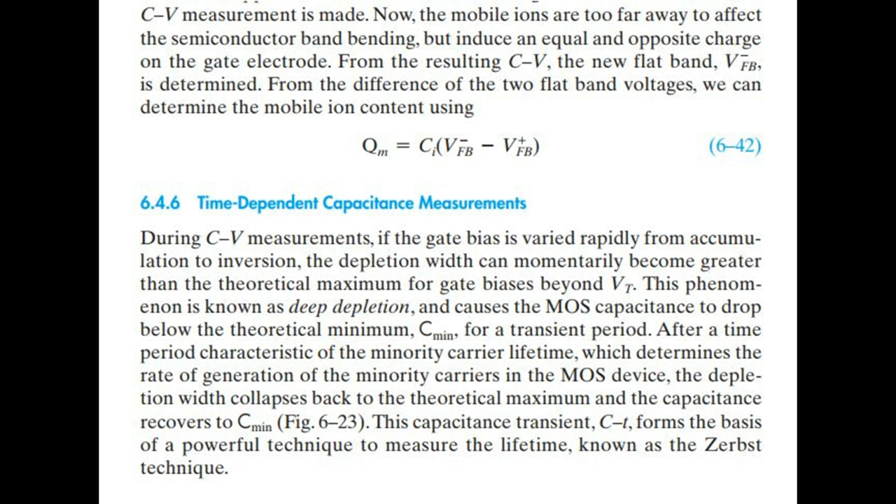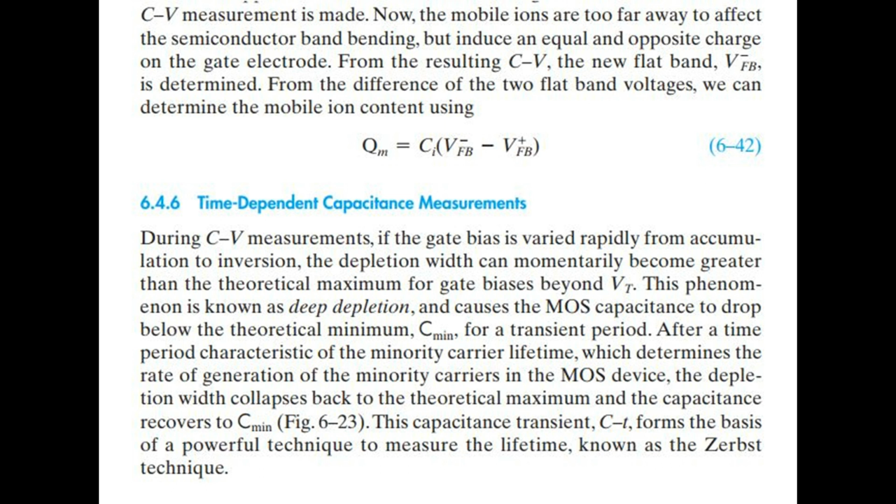During current voltage measurements, if the gate bias is varied rapidly from accumulation to inversion, the depletion width can momentarily become greater than the theoretical maximum for gate biases beyond threshold voltage. This phenomenon is known as deep depletion, and causes the MOS capacitance to drop below the theoretical minimum, Cmin, for a transient period.